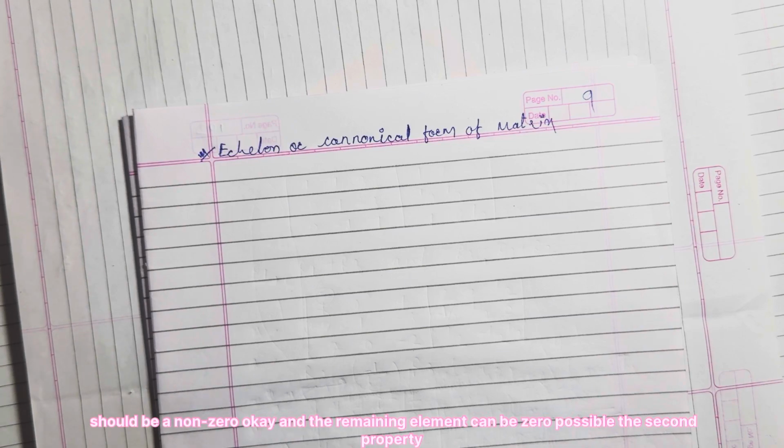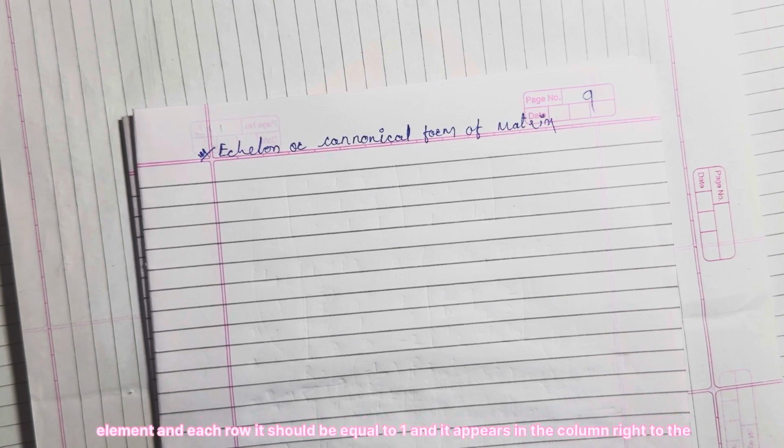The second property: in the first R rows, the first non-zero element in each row is 1, and it appears in a column to the right of the first non-zero element of the preceding row.